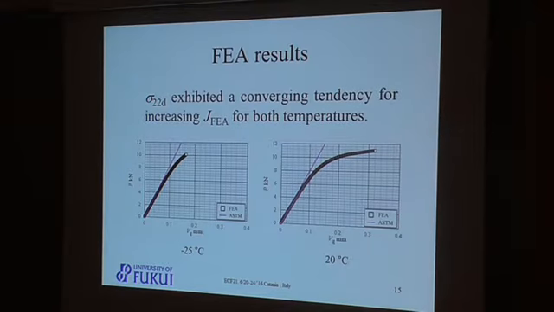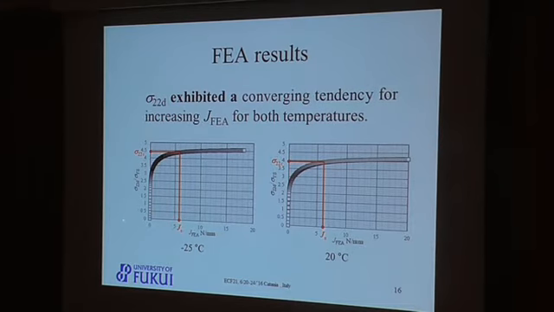After confirming that the linear portion of the load versus load line displacement diagram showed good agreement with those described in ASTM E1820, the relationship between sigma 2d, the crack opening stress sigma 2d measured at the distance from the crack, would be equal to 4 times CTOD at the specimen midplane, and JFEA was summarized in these figures.